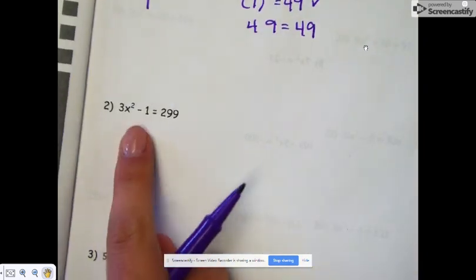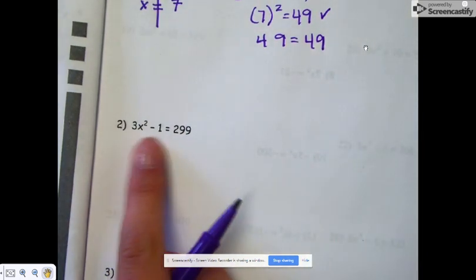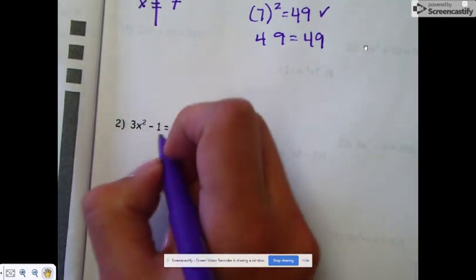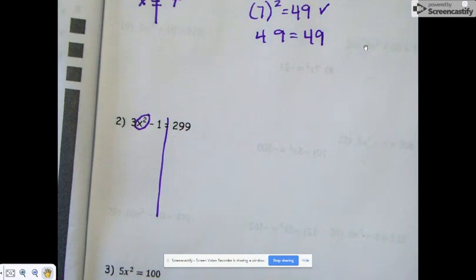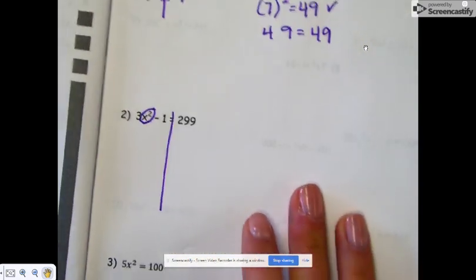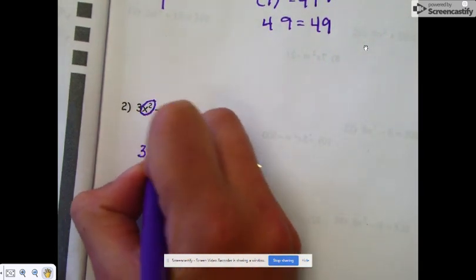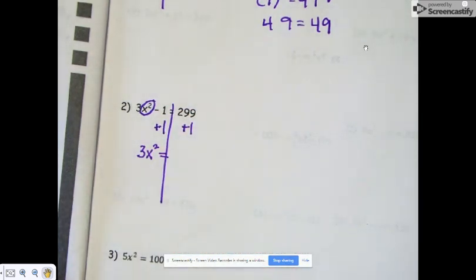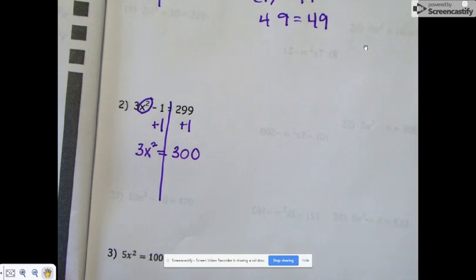What if it looks something like this, where it's a little bit different? My first step is to get this piece alone. Just like we did up here, the first thing we did was undo the constant number. So I'll add the 1 on both sides, and then I get 3x squared is equal to 300.